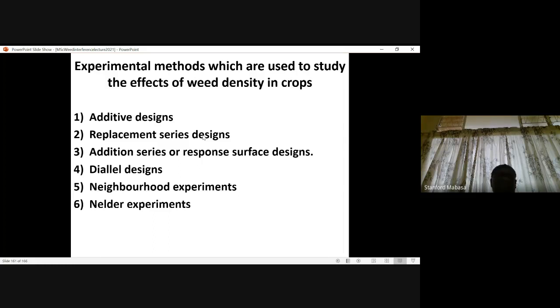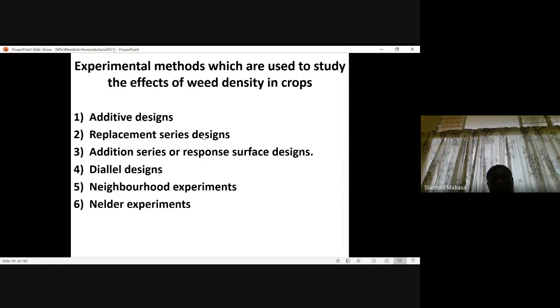Now, this is what we went through, the methods which are used to study the effects of weed density in crops. First, we looked at the additive designs.